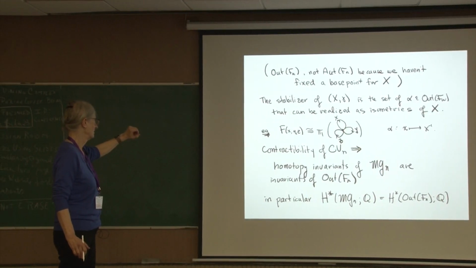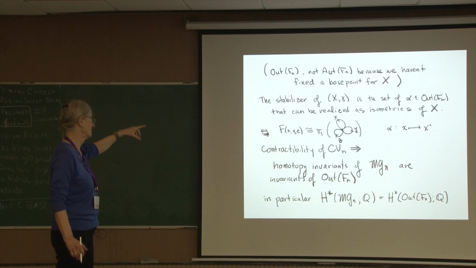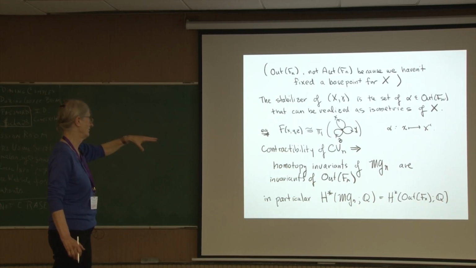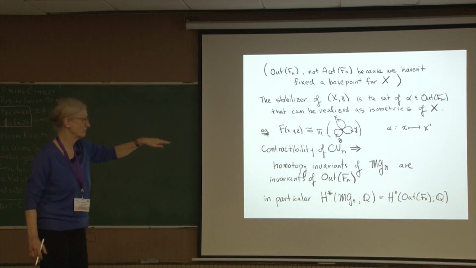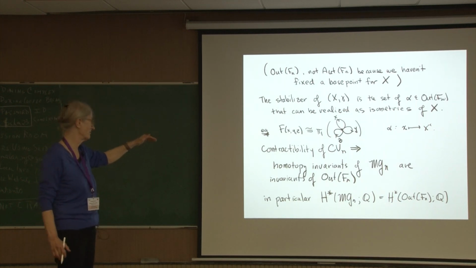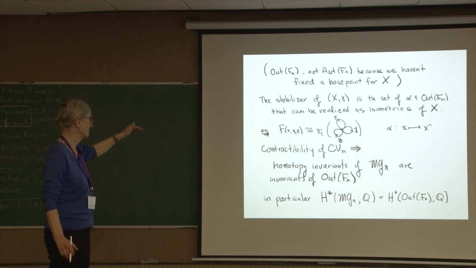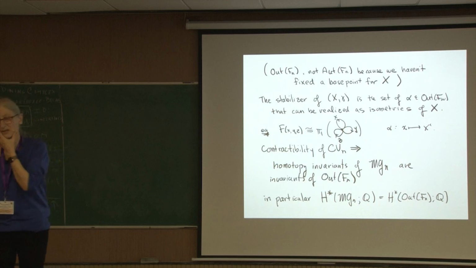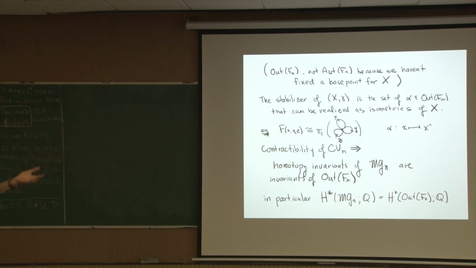The Hurewicz theorem implies that if you have a homotopy invariant of this space of graphs, that's actually an invariant of the group. That's just because of the fact that CVN is contractible and the action is proper. In particular, cohomology. You can compute cohomology of the group by computing cohomology of this space. So that's what we're going to be interested in today, is cohomology.